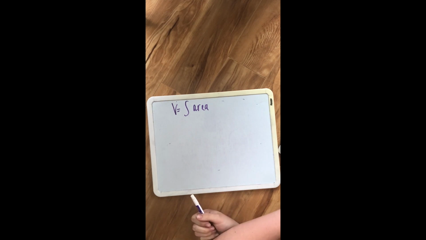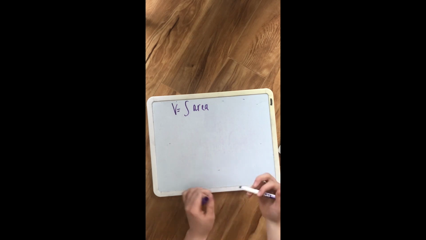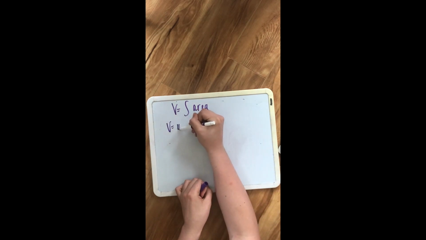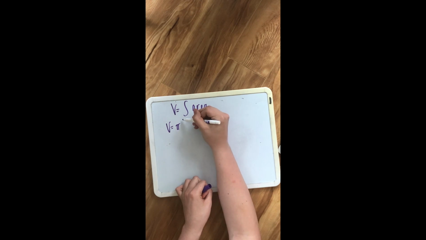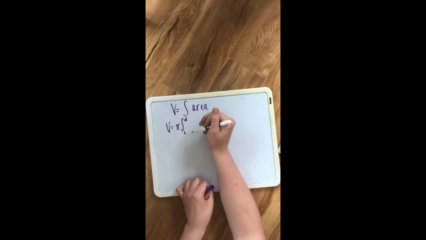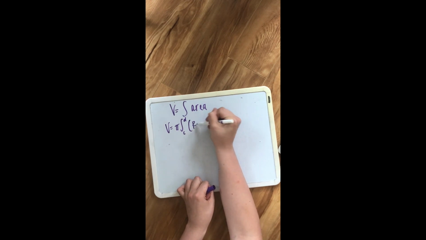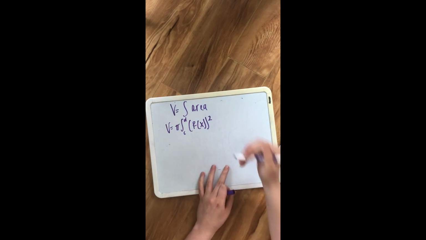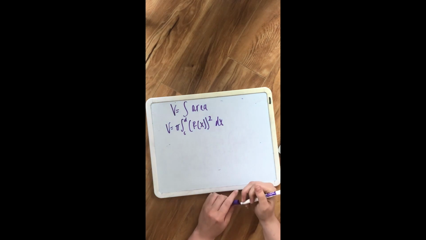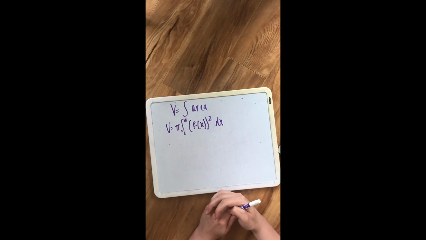To find the volume of a disk, we use the formula V equals pi times the integral from c to d of r of x squared dx. Let's do an example to better understand.